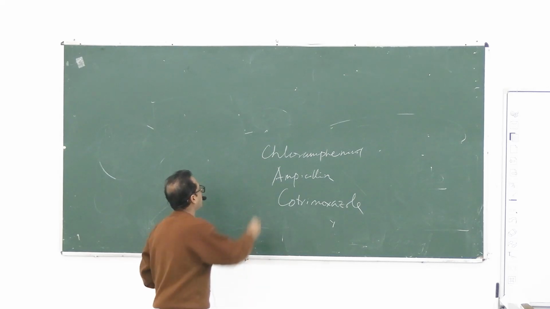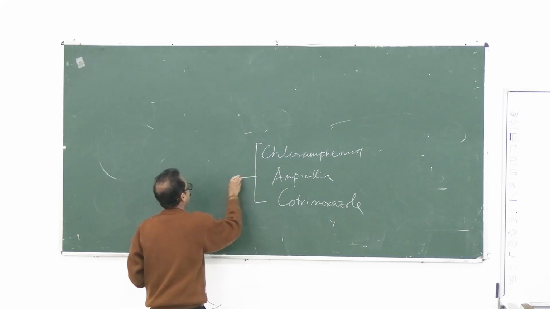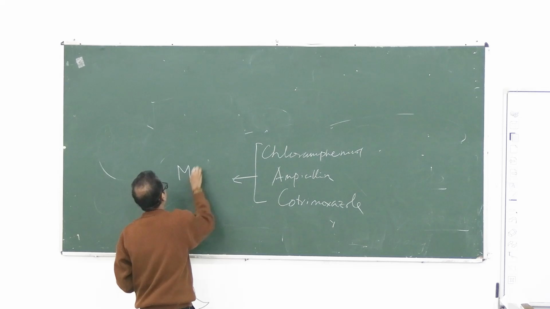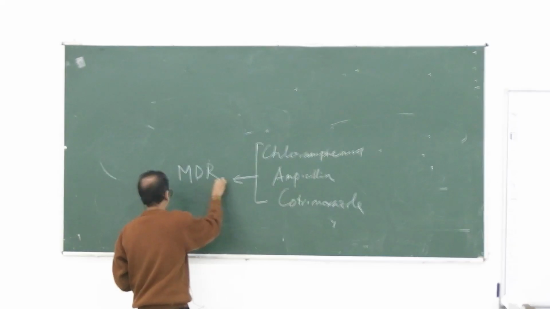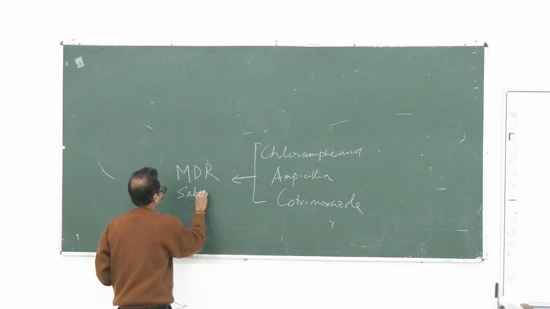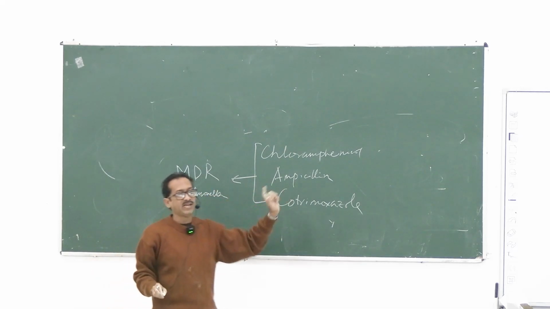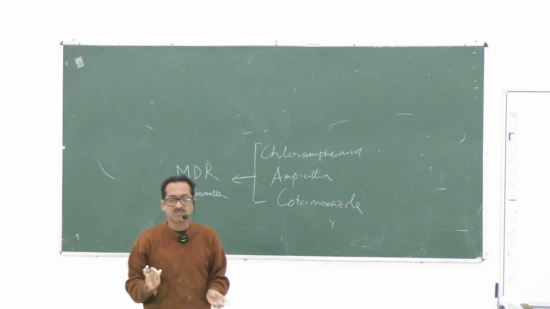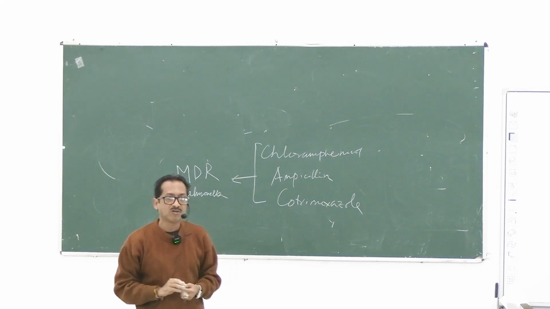If it is resistant to all 3, then it is called MDR typhoid or MDR salmonella. So resistant to all 3, chloramphenicol, ampicillin and cotrimoxazole. These are now commonly not used.